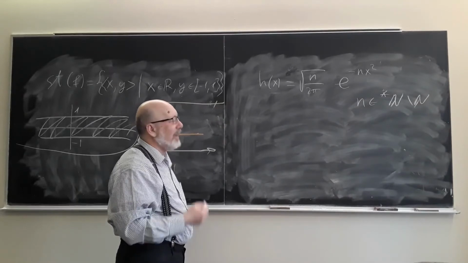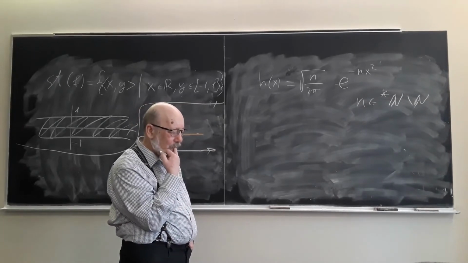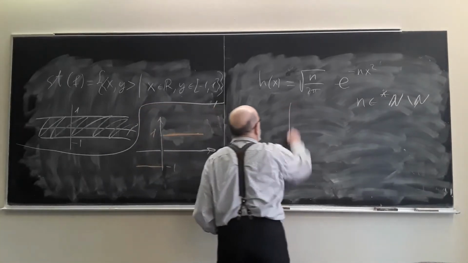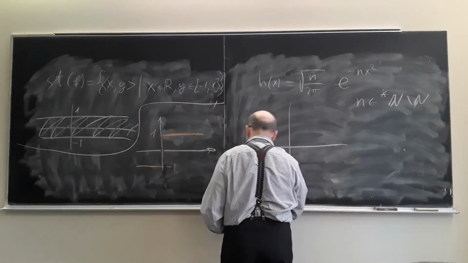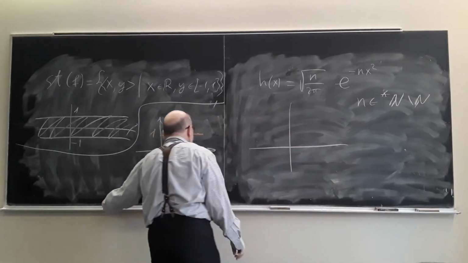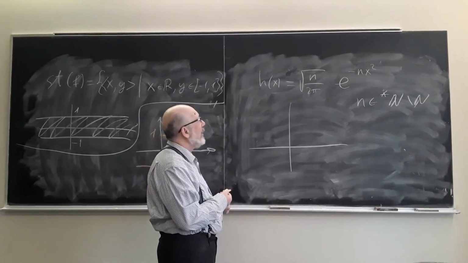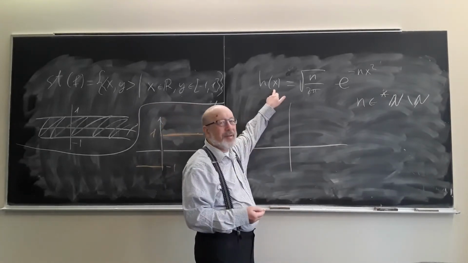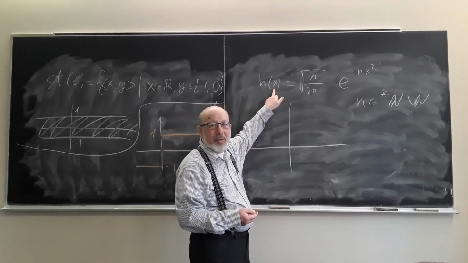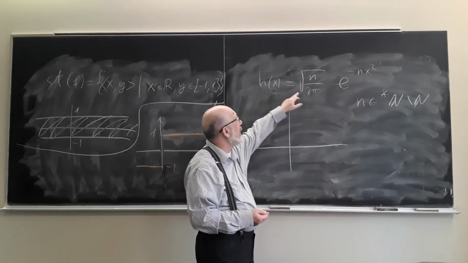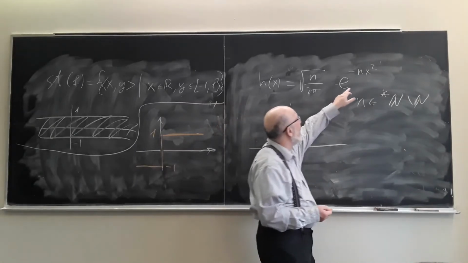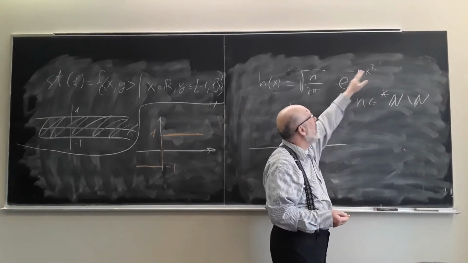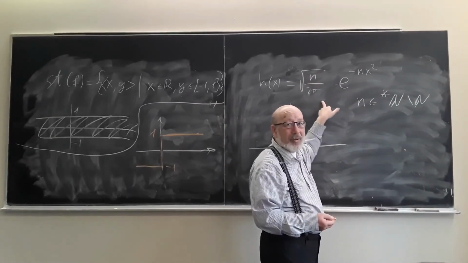In this case, we can see the following: if x is any non-zero number, then h of x is infinitesimal because of this factor which outweighs this factor.